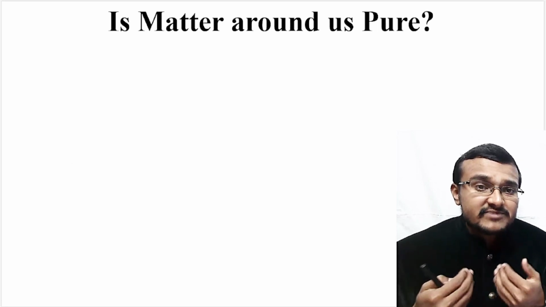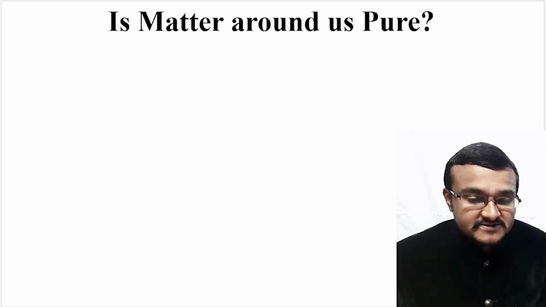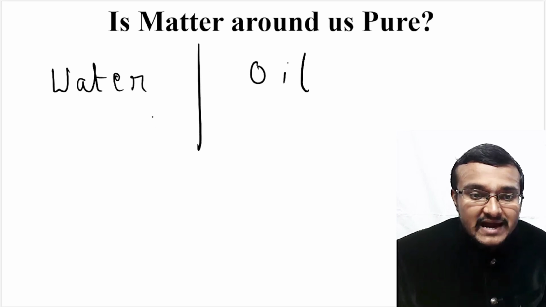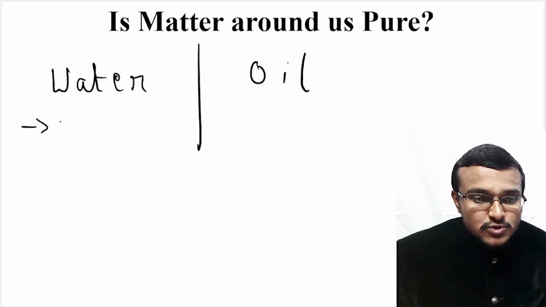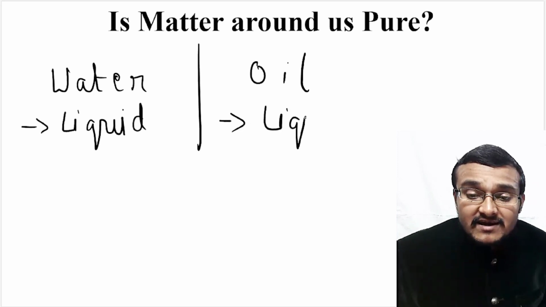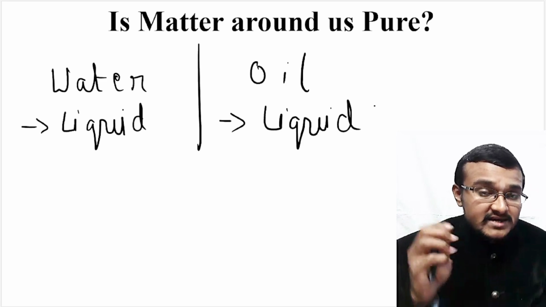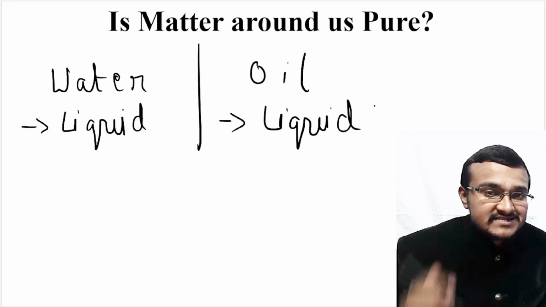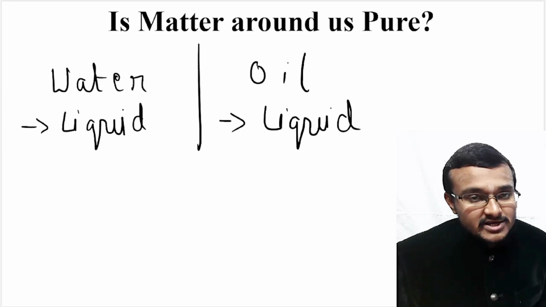Similarly, there might be different chemical natures of different matters. So now let's take water and oil as an example. Water is a liquid and oil is also a liquid. One common thing between water and oil is that both are in the liquid state. But there are a lot of chemical composition differences between water and oil.